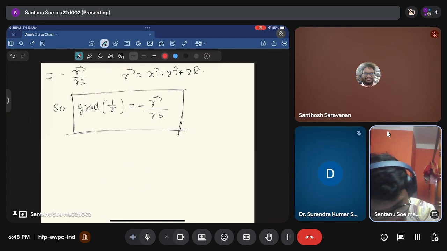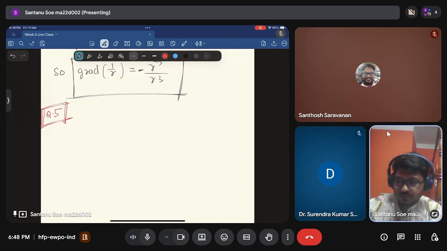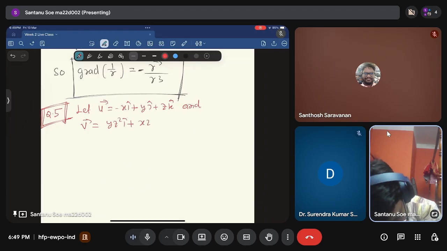So now we're gonna go to the next question. Question number 5. Okay. So let u vector equal to minus of x i cap plus y j cap plus z k cap, and v vector equals yz square i cap plus xz square j cap plus 2xyz k cap.